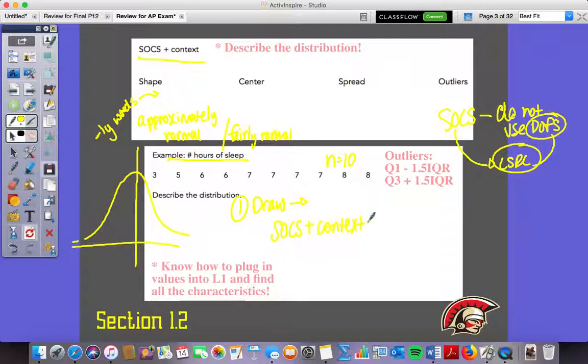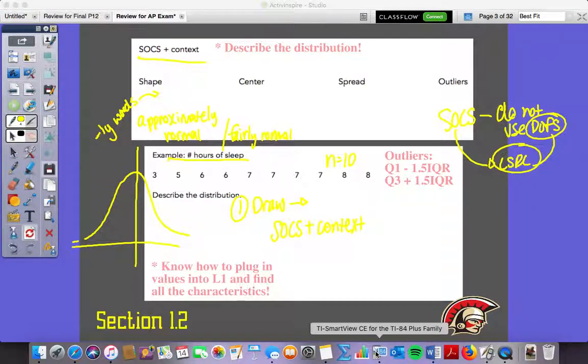So just be sure to know how to do that. Why would we know to draw it? Because there's no way to describe the distribution unless you draw it, right? I don't care how you draw it, just make sure that you do it somehow, some way. A dot plot's always a really good one. It's probably the easier of the options, but that's up to you, okay?